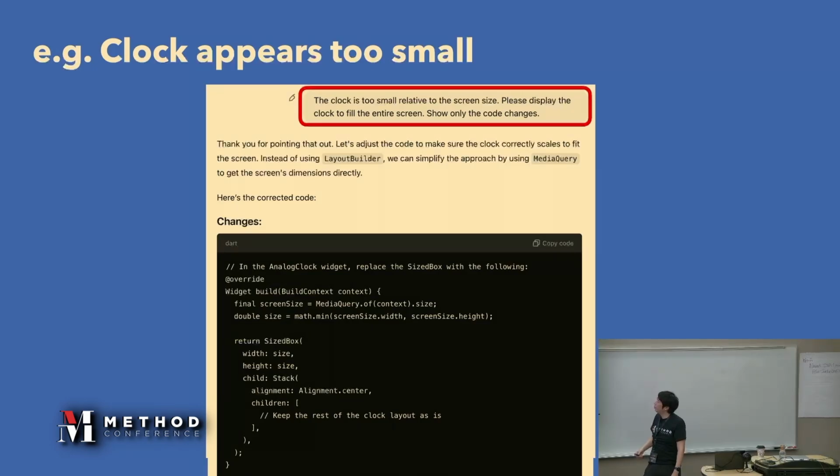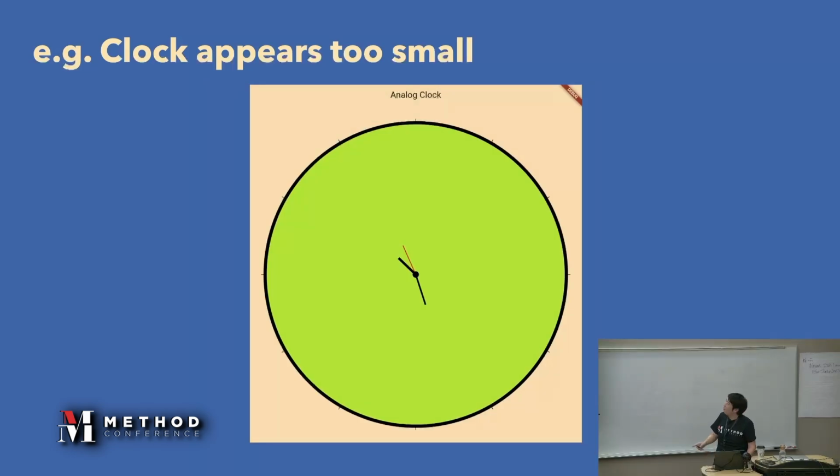To cut down my waiting time, this is the tip: show only the code changes. By doing that, we can cut our waiting time. After running this modification, the new analog clock screen would be shown. Oh, here is a new screen, but there's a problem.